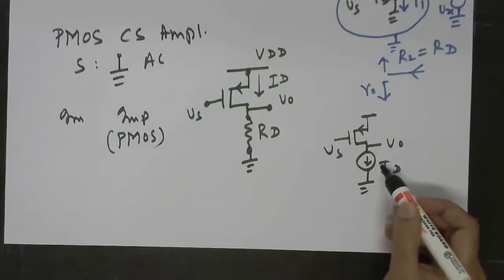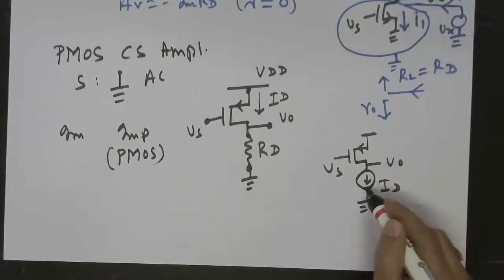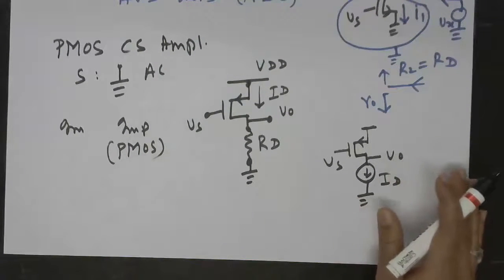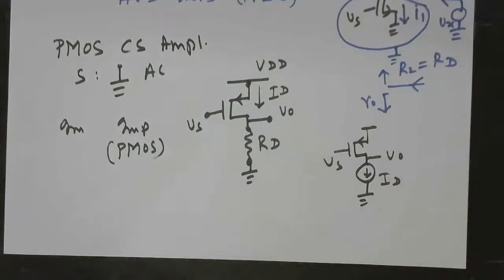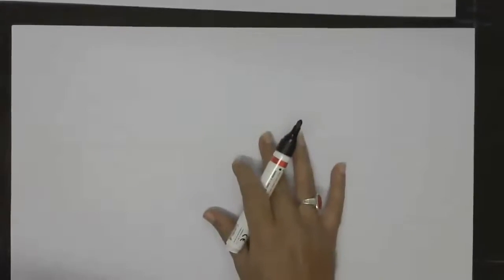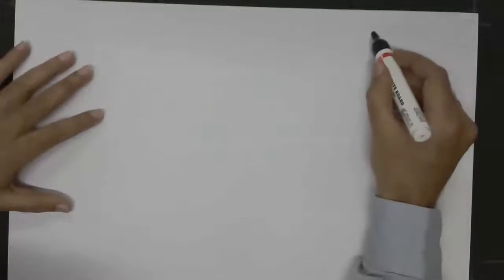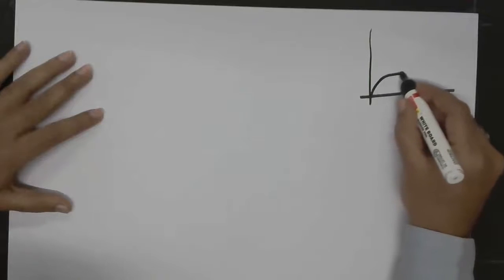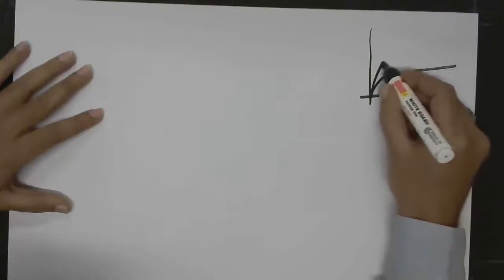So question will arise that how in real life, suppose we want to implement this version of the common source, then how do we implement this? So for this case, we will have to take the help of MOS, because we have already seen that ideal MOS has this behavior.